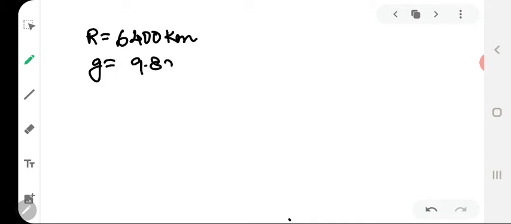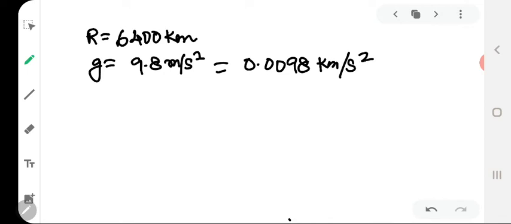Now if we put r to be equal to 6400 kilometer, small g to be equal to 9.8 meter per second square on the surface of Earth, so we can change it to 0.0098 kilometer per second square.